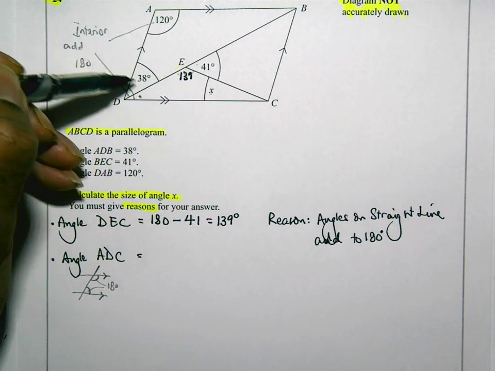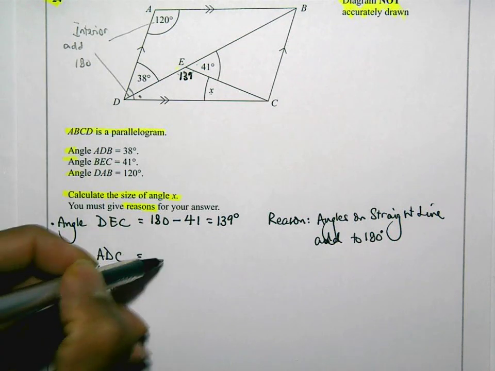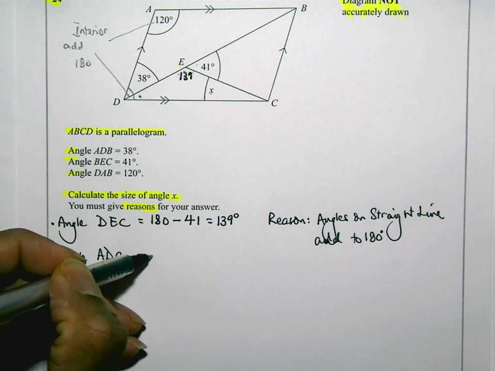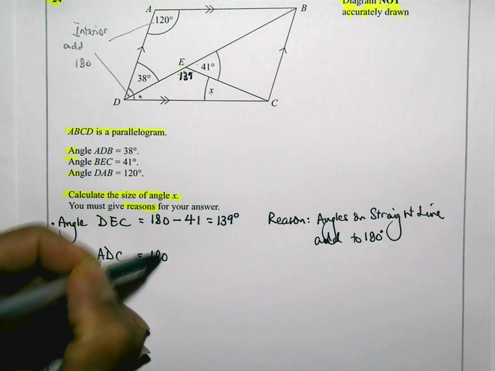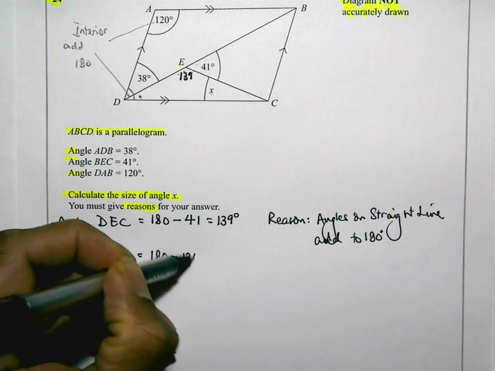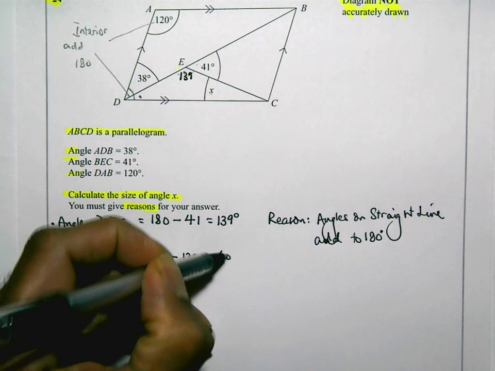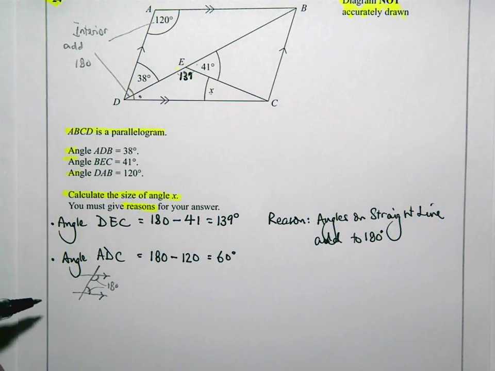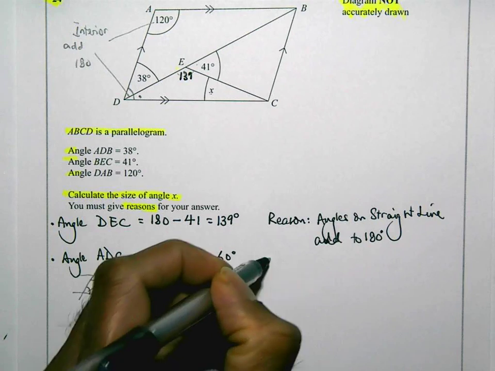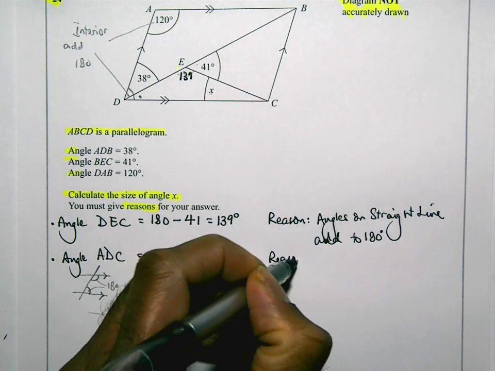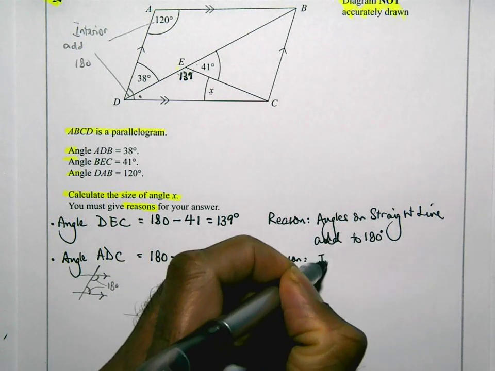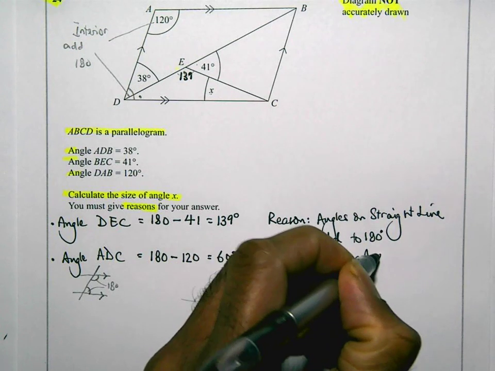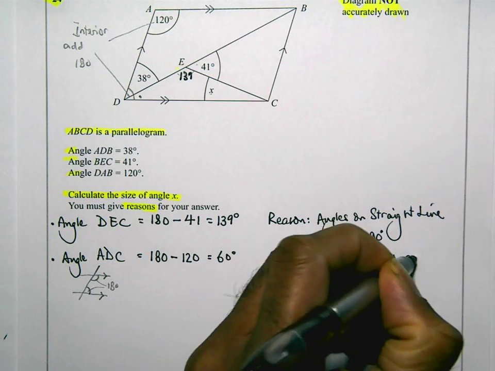So if this angle here and 120 add to make 180 degrees, then I'm going to do 180 take away 120, that's 60 degrees. So that tells me the whole of the inside angle there is 60 degrees, and the reason for that is interior angles add to 180 degrees.